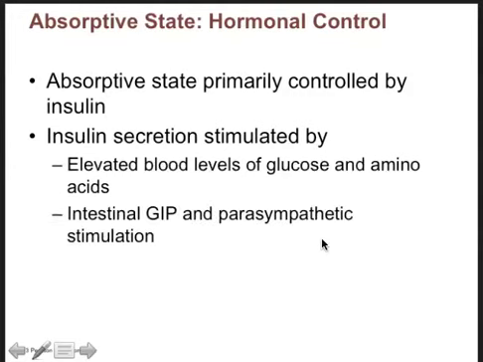Intestinal gastric inhibitory peptide and parasympathetic stimulation are also triggers for insulin secretion. And the bottom line is that as long as the insulin signal operates, you can utilize the glucose that's in the blood.